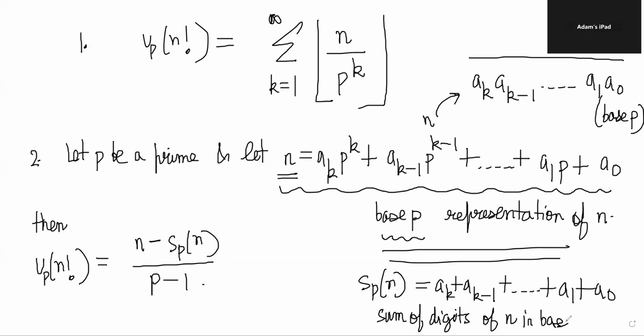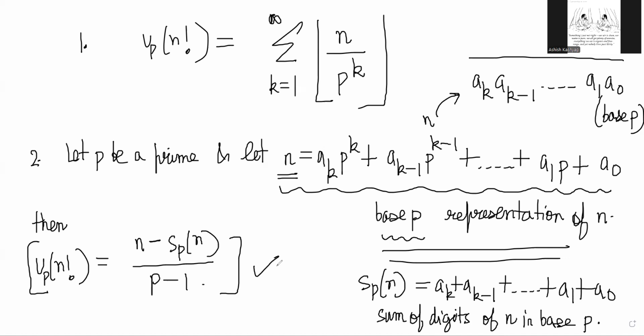Do you understand? So basically, this gives us an alternative way to do the p-adic valuation of n factorial. Now if you know the sum of the digits of n in base p, then you can do n minus the sum of these digits, divided by p minus 1.